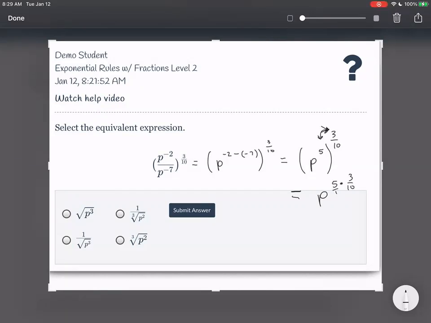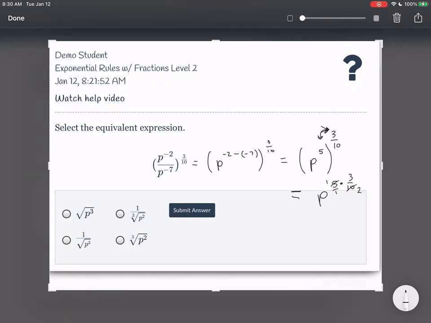We can do some cross simplification first if we like, or we can simplify later. It's up to us. Let's simplify now. So we have 5 and 10. These get to simplify because 5 divided by 10 can cancel into a 1, and the 10 can cancel into a 2.